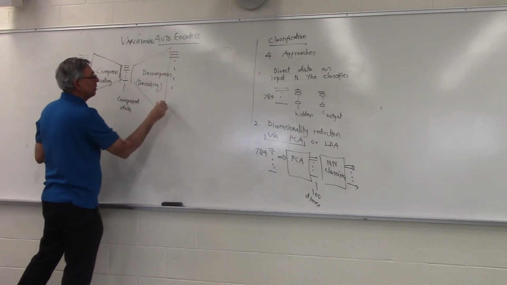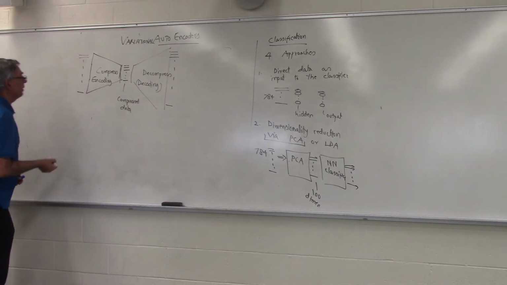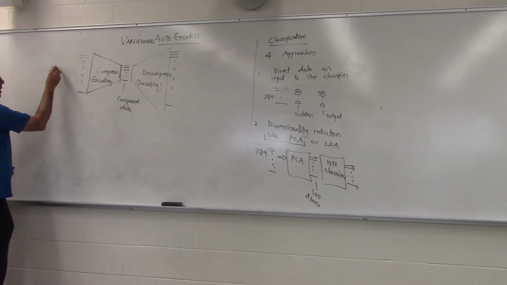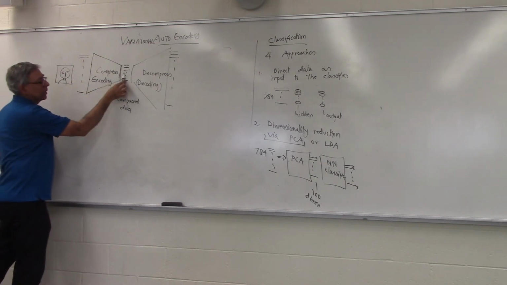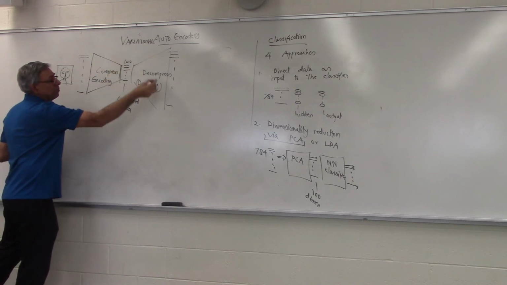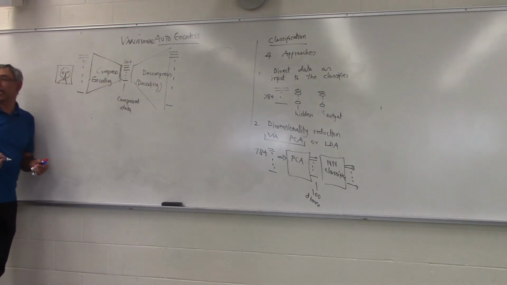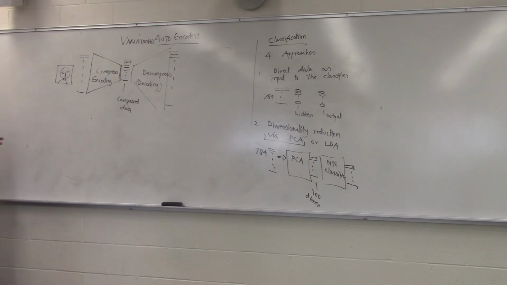Okay, so now let me ask you a simple question. Suppose we feed in an image of a person. It produces some 100 numbers, then we decompress it, and we get the same person back. We train it on many, many images, and suppose it's ready, it has learned how to compress. Now we do the opposite.